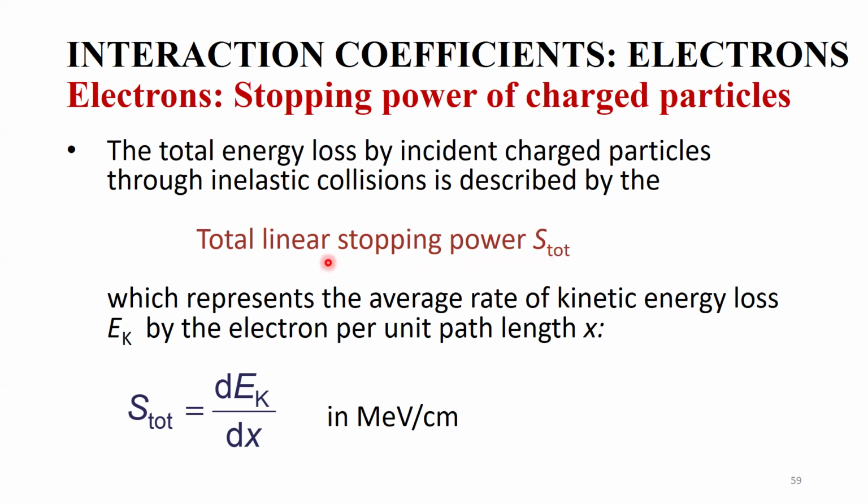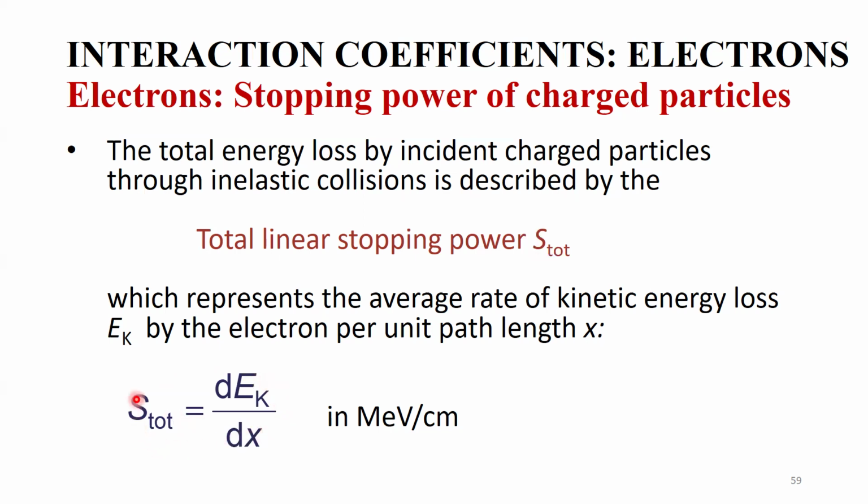So this quantity describes the rate at which the electron loses kinetic energy per unit length of travel in a material. It is generally expressed in a unit mega electron volt per centimeter.